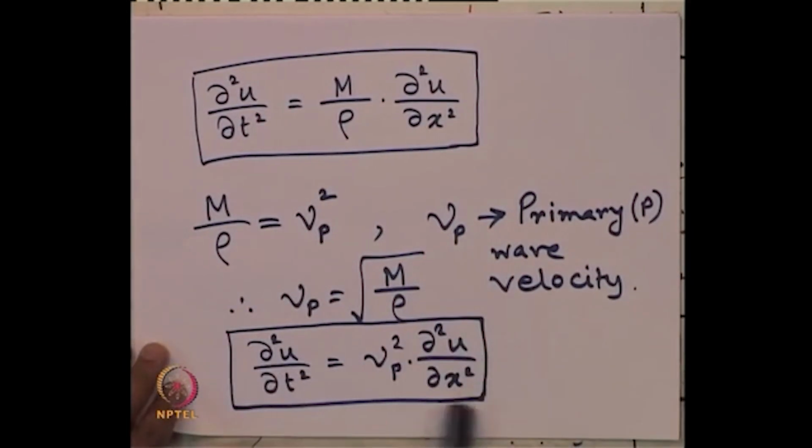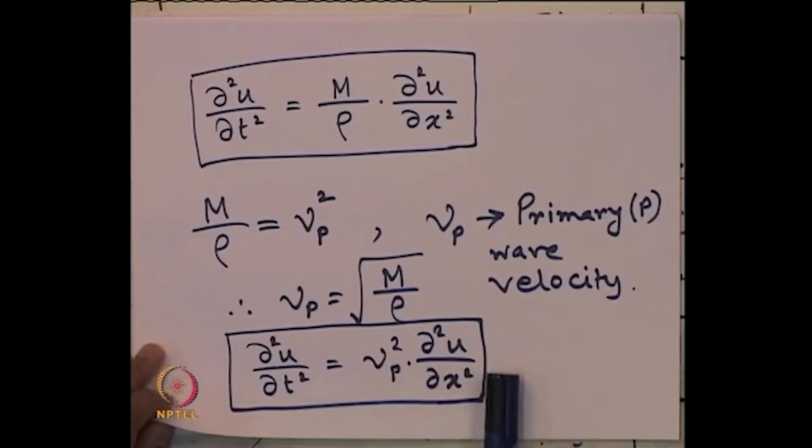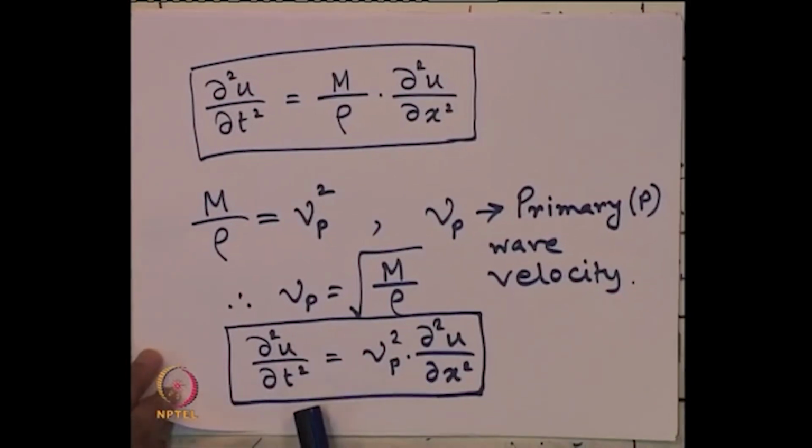So, our final governing equation for one dimensional longitudinal wave propagation is expressed in this form: del 2 u by del t square equals V p square times del square u by del x square.